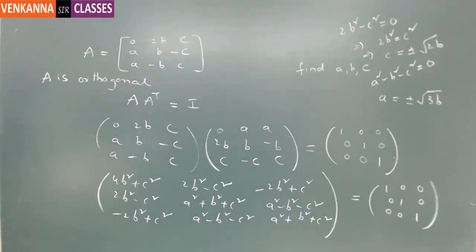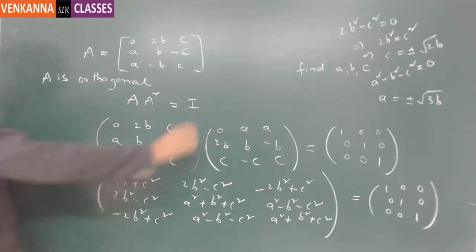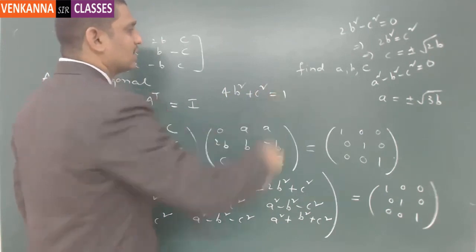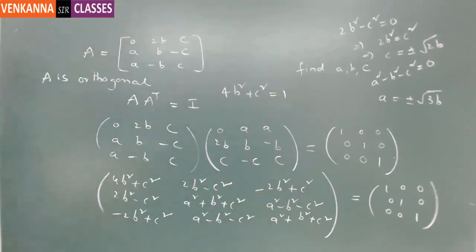Substituting the values of c and b in the second one, you will get a is equal to plus or minus root 3 b. And finally, you will get the values of b. If you equate these values to the diagonal equation, that is 4b square plus c square is equal to 1, you will get the respective values of the others. So please check on that.